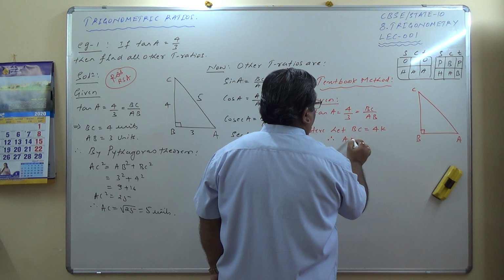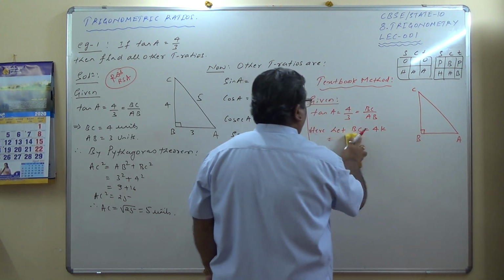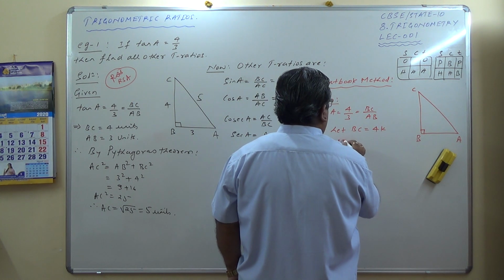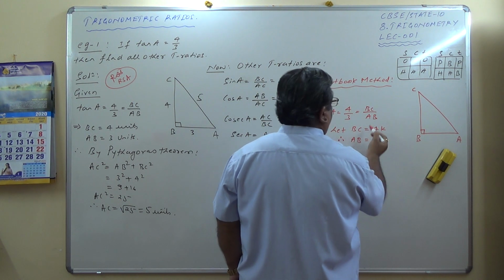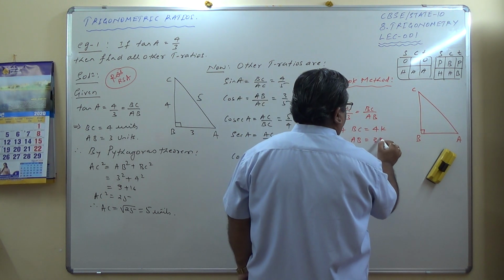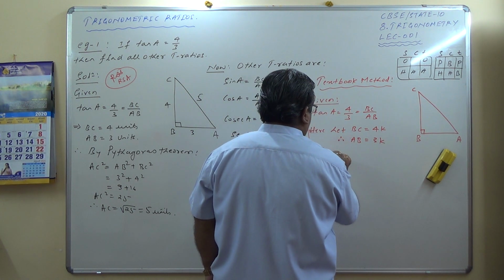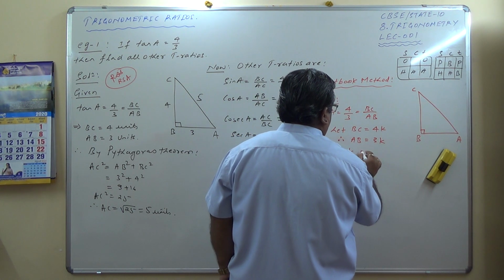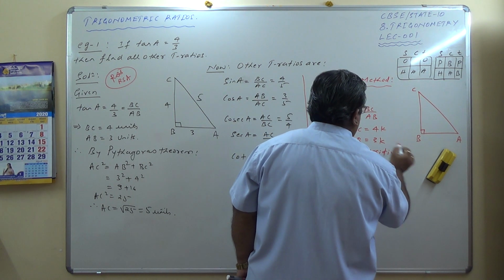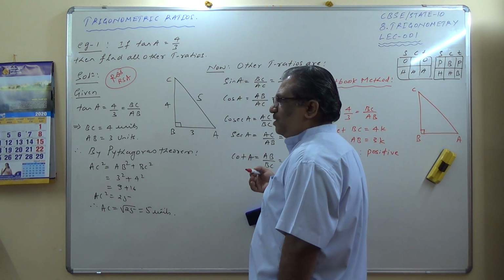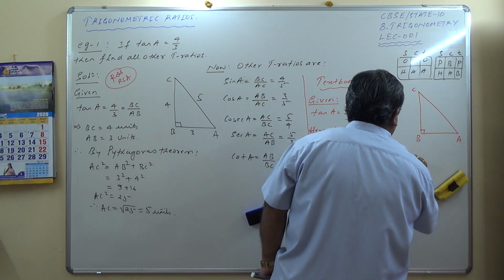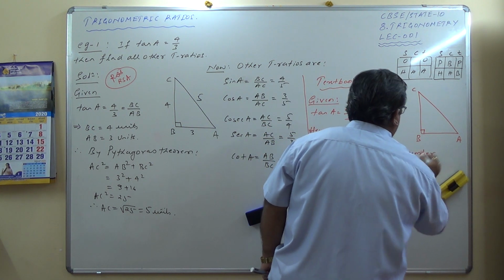Therefore AB equals 3K, where K is a positive number, a positive constant.